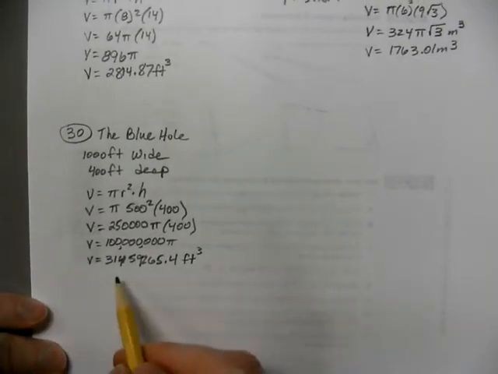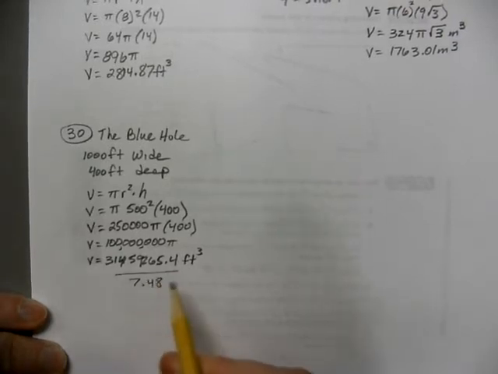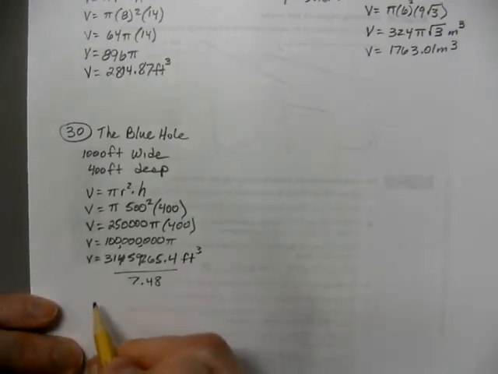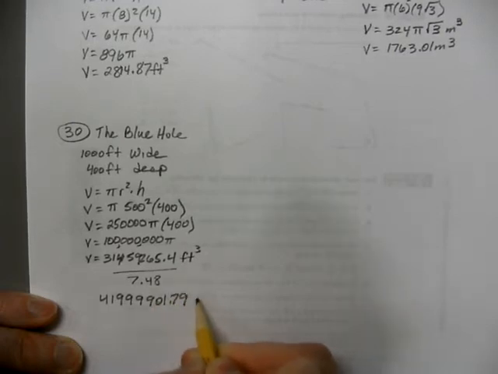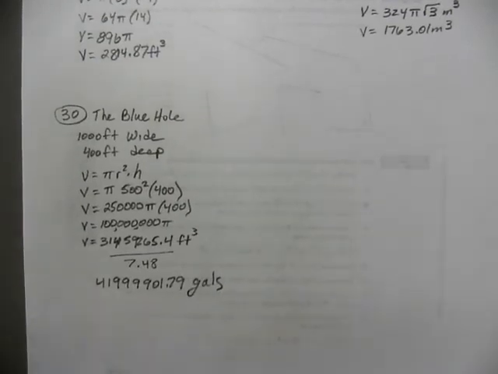And to figure out how many gallons there are, we take this number and we divide it by 7.48, because 1 cubic foot has 7.48 gallons in it. That's a lot of gallons.